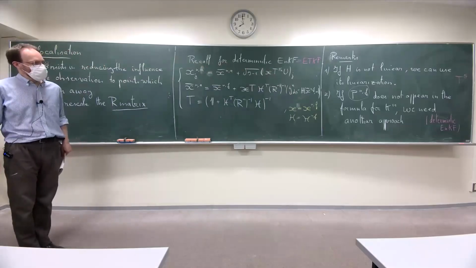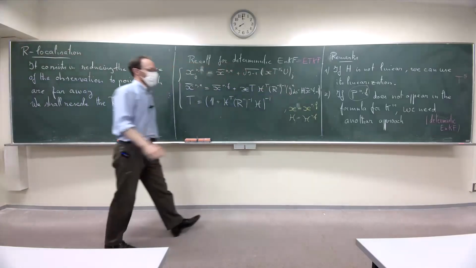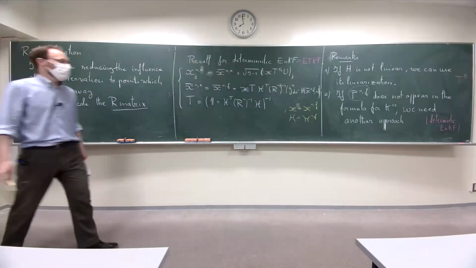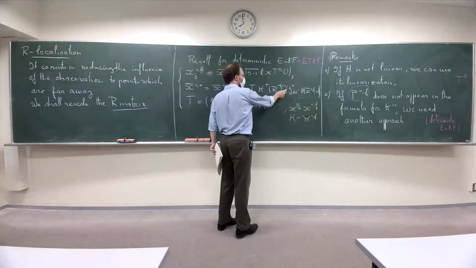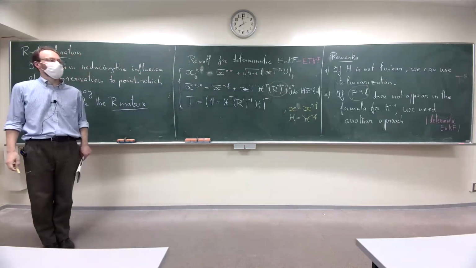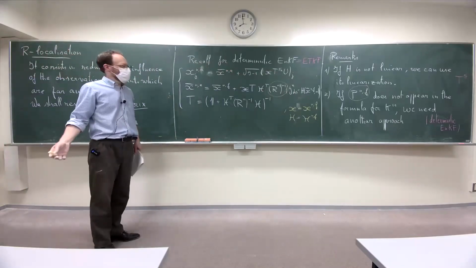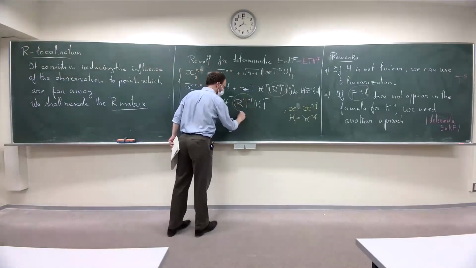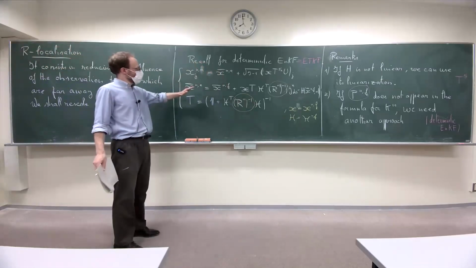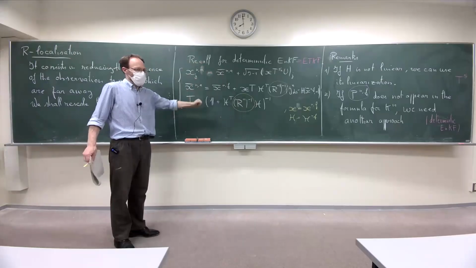So if we want to reduce the impact of this observation on points which are far away, the way we are going to do it is playing with this R. And this is why it's called R localization. But of course, if I change this, I must be coherent, so I also need to change this one. I have no time to explain now, but remember, these are big vectors, and in fact they depend on points P on a grid.